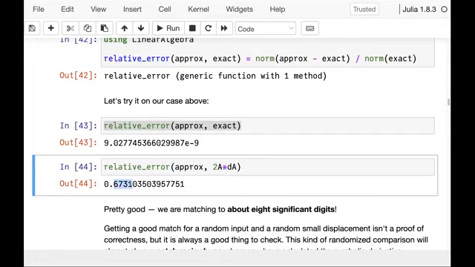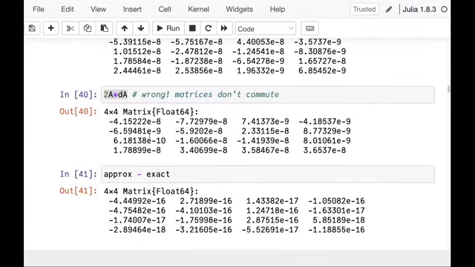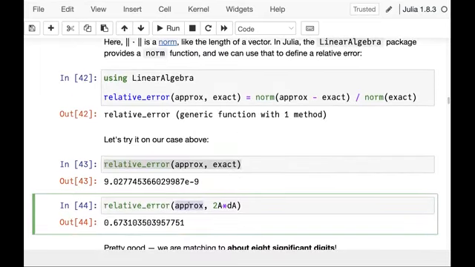So I really would have caught it. You notice immediately that this relative error is huge. Even though 2ADA is small because DA is small, the difference is not small compared to the correct answer. So you immediately notice, oh, something is wrong here.